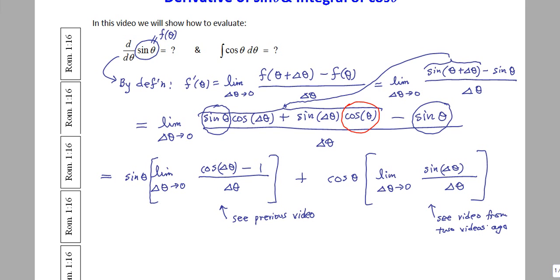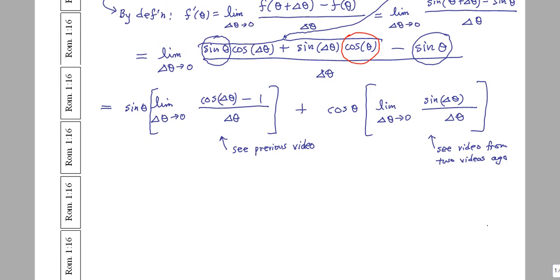We've already shown what those results are, and that's why we produced those videos. We showed that the one on the left is going to go to 0, and that this one on the right is going to go to 1.